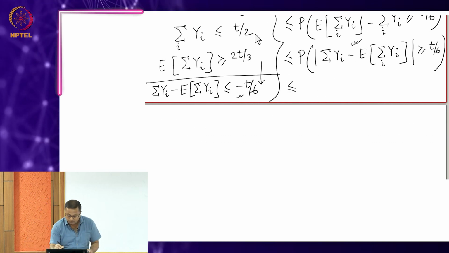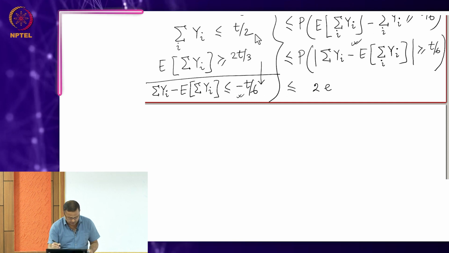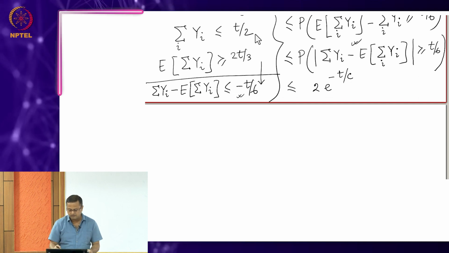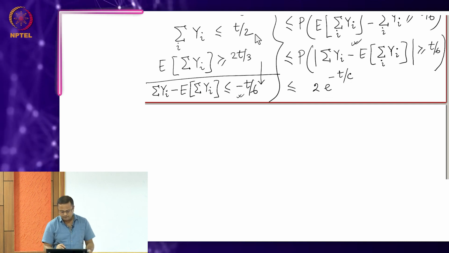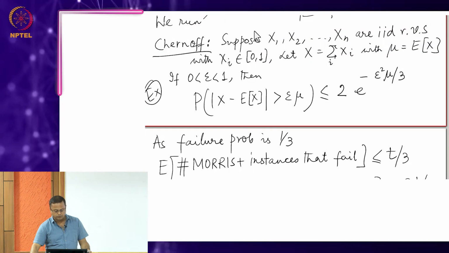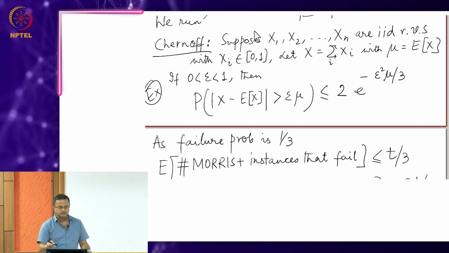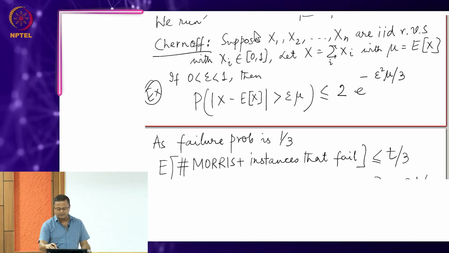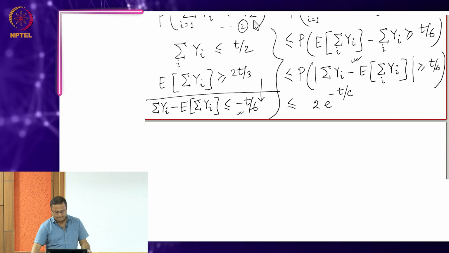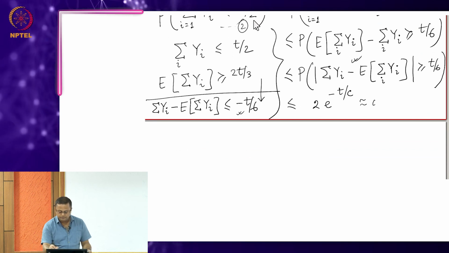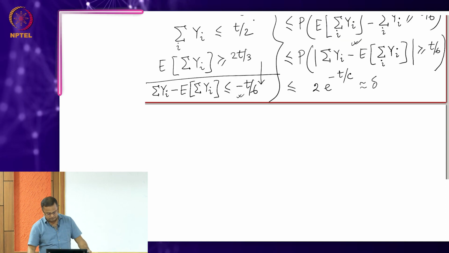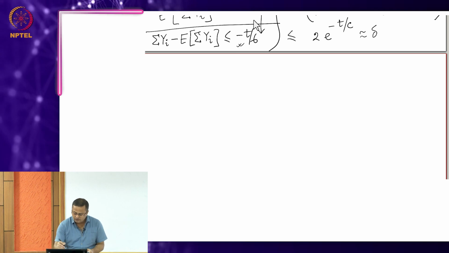You get this to be 2 to the power of e minus some t into some constant. So c is a constant. When Chernoff gives you an inverse exponential, remember this, e to the power of something minus. So that c that I wrote there is a constant that is dependent on mu etc. Set this to your delta.